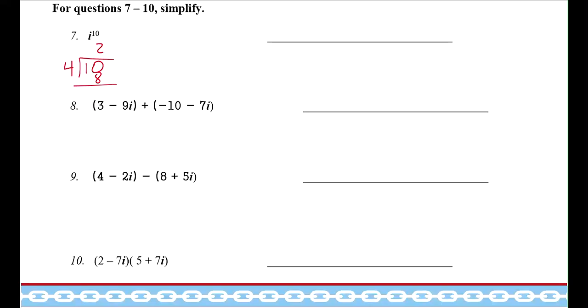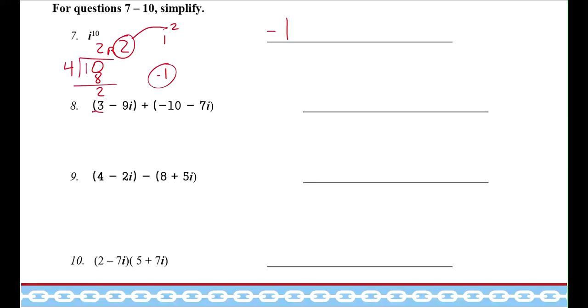And all I really care about is the remainder. So I get 2 remainder 2. So i to the 10th is the exact same thing as i squared. That remainder becomes my new exponent. And then we know that i squared is the same as negative 1.